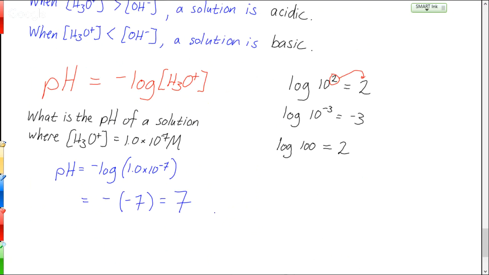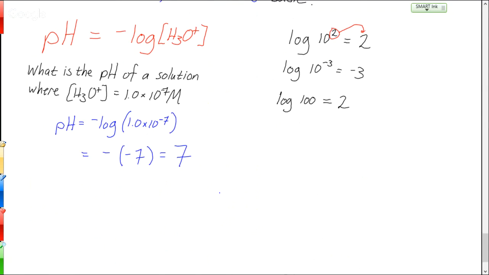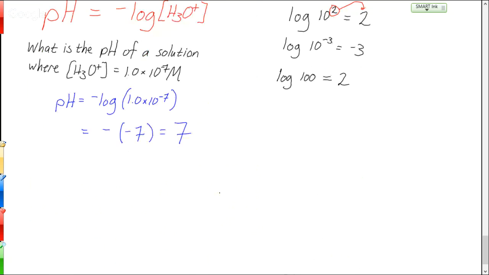What happens then is that as that hydronium concentration increases, the pH ends up going down because we're flipping the negative to a positive. So what's a larger number? 1 times 10 to the negative 7 or 1 times 10 to the negative 3?